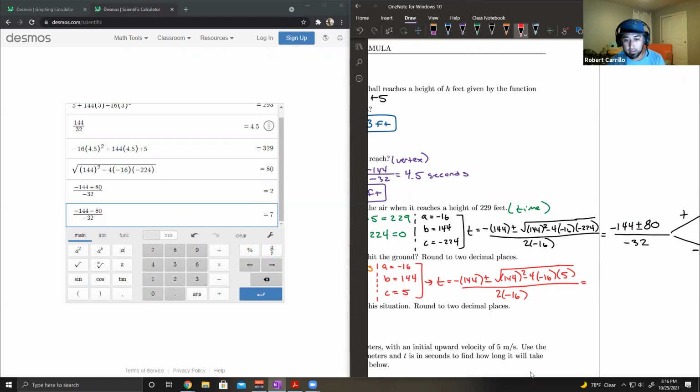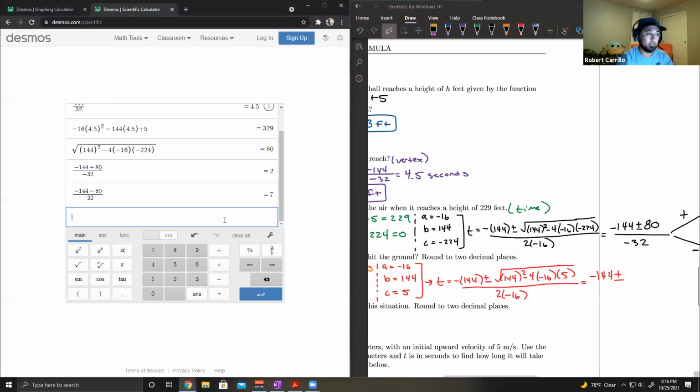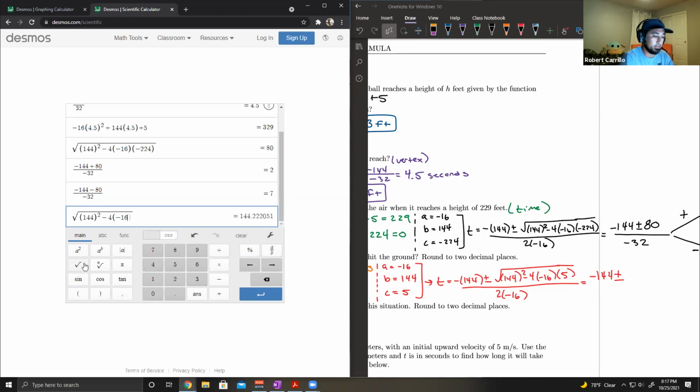All right. And again, negative 144 plus or minus, and let's figure all this square root stuff out. Square root of 144 squared minus 4 times negative 16 times 5.